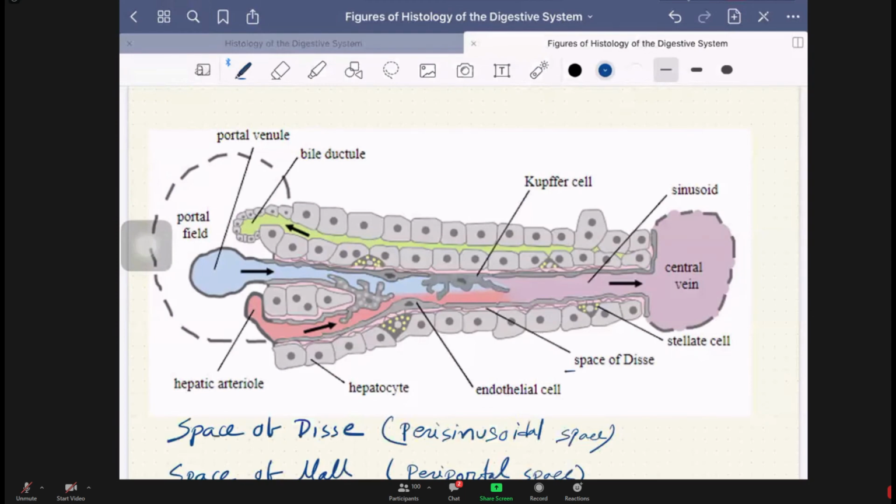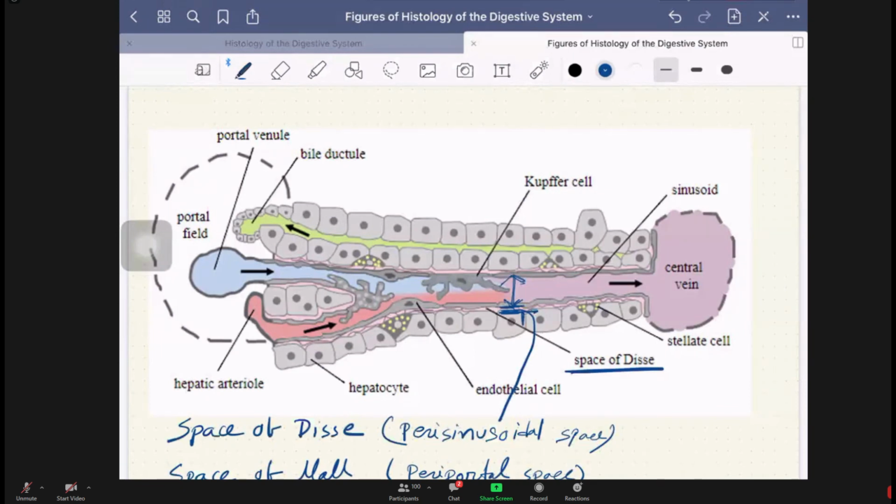So this is the space of DC, that is perisinusoidal. Sinusoid means the gap between the two sheets of hepatocyte. So these are the sinusoid. So perisinusoidal space or the space of DC is the space between the hepatocyte and the hepatic sinusoid.